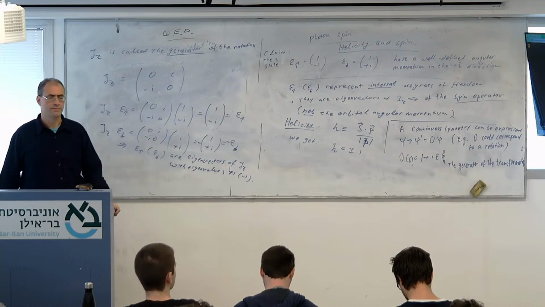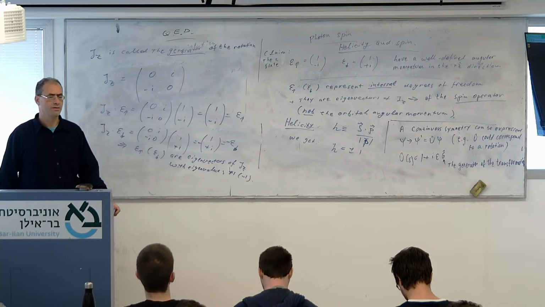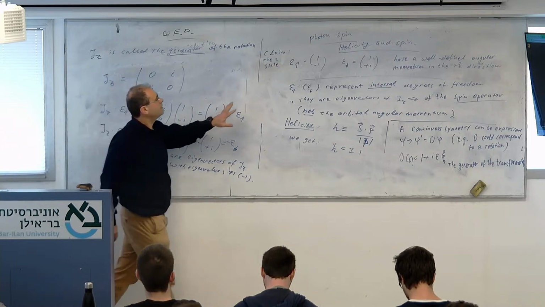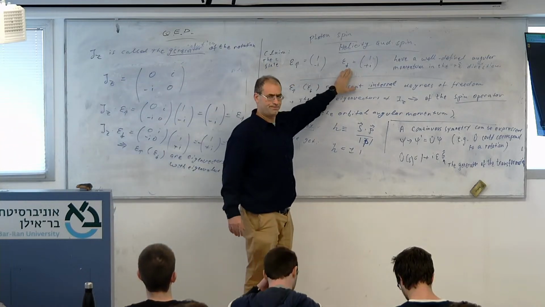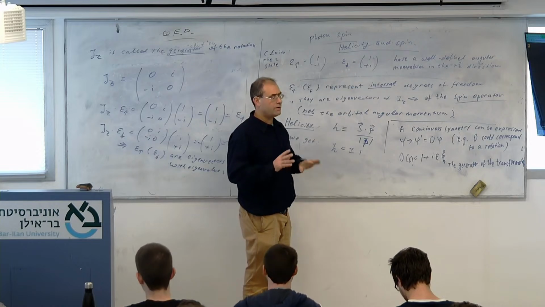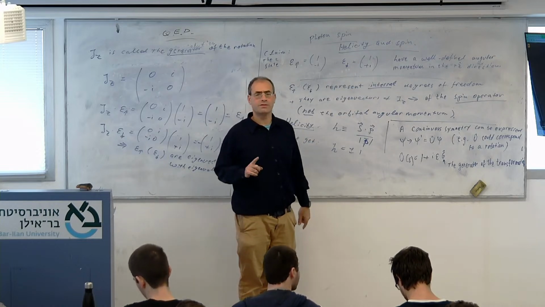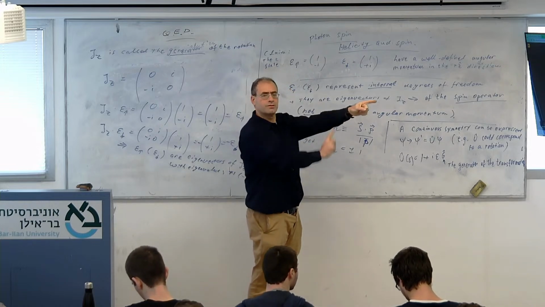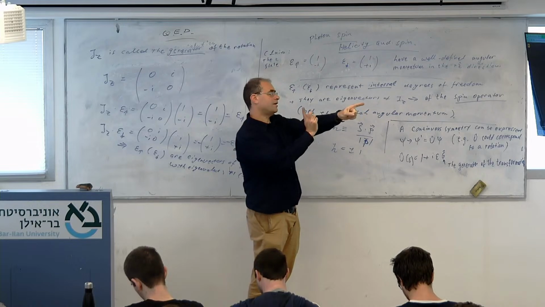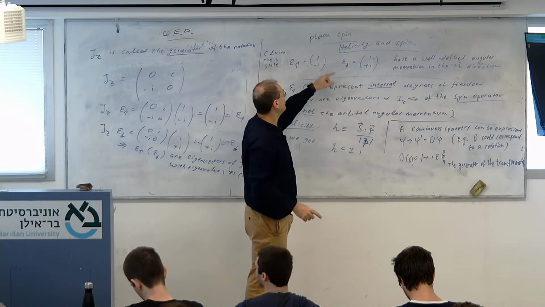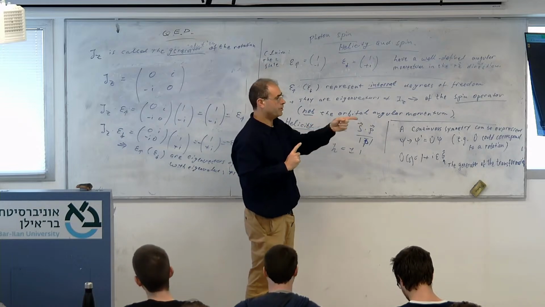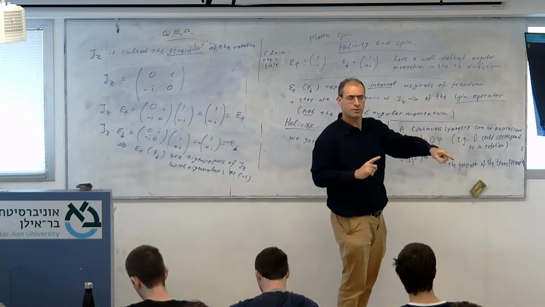What is the definition of the S vector? The spin vector? Again, I just showed you. These are the polarization vectors. This is the polarization of photons, right? Now I said I have two options. I can either use x and y polarization, the photon is moving in this direction, and the polarization is always in that direction or in that direction. Or I can take a circular polarization, 1 plus i, 1 minus i. And then as the photon propagates, the polarization vector will rotate, which is what you're used to.